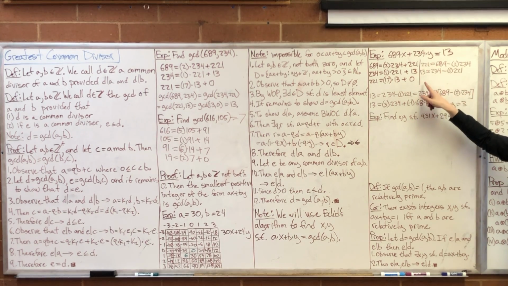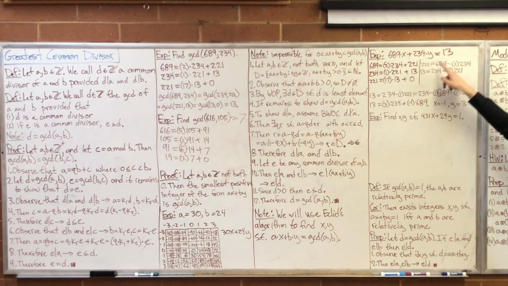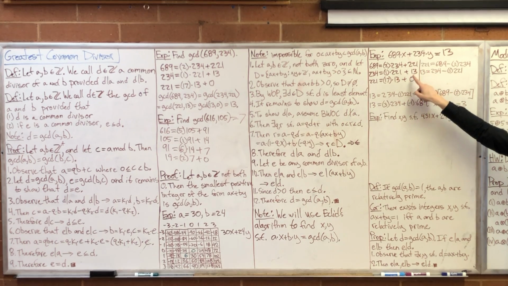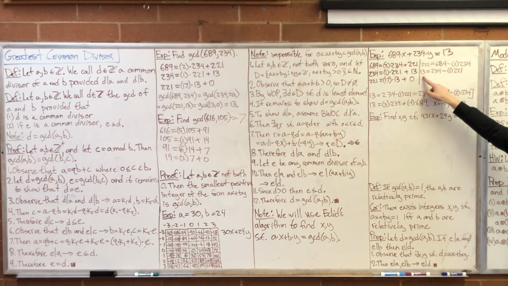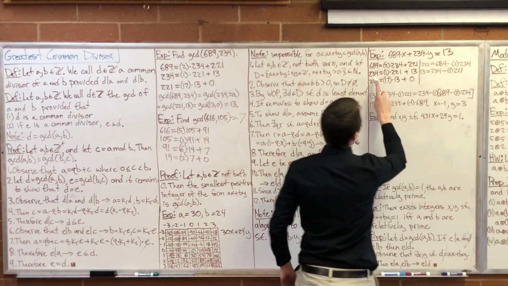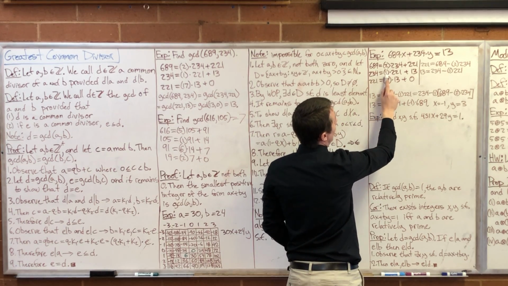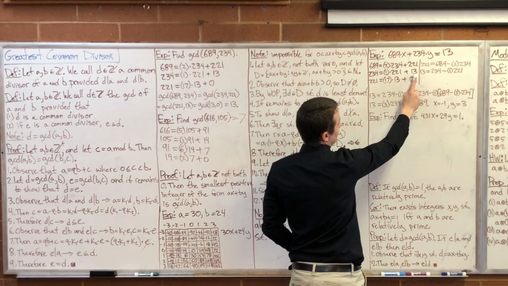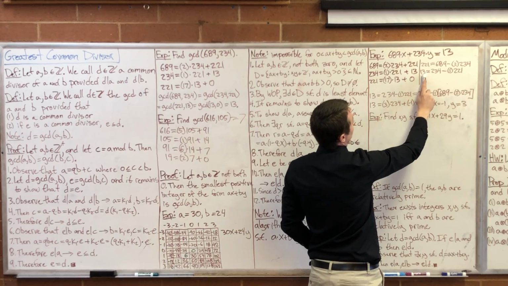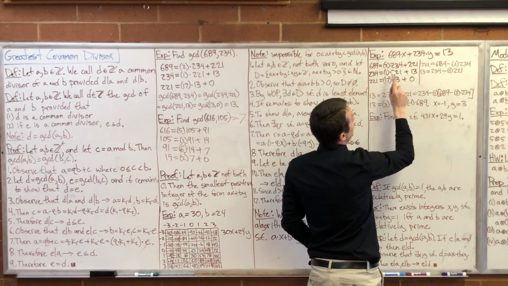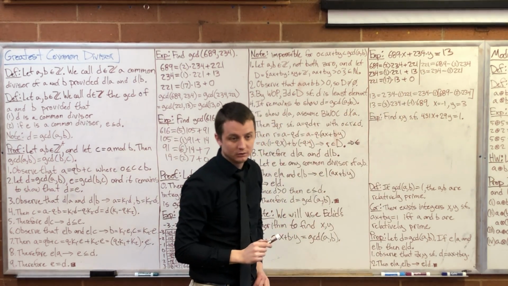Now, I put a vertical line, and I solve for the remainder in each line, keeping my numbers grouped together. So, since 234 is equal to 1 times 221 plus 13, then 13 is equal to 234 minus 1 times 221.